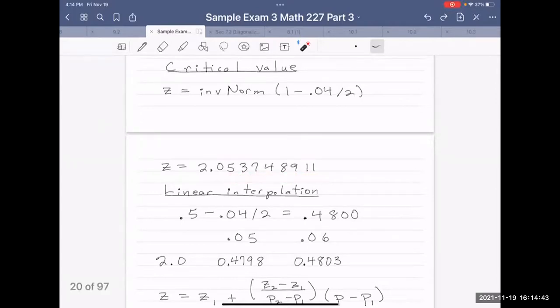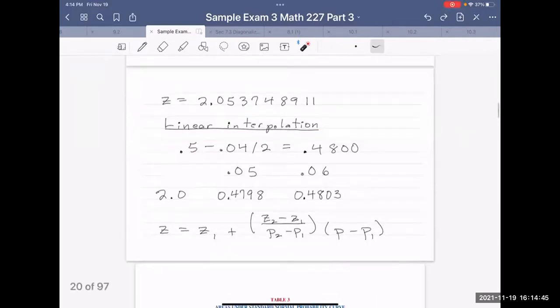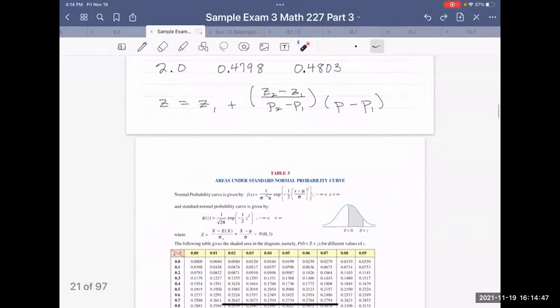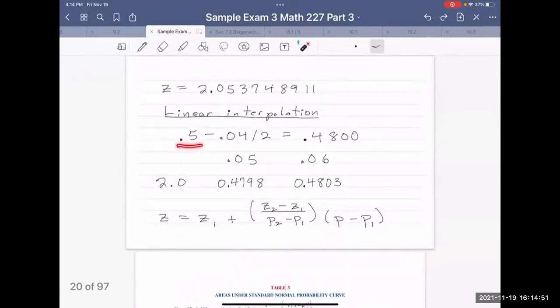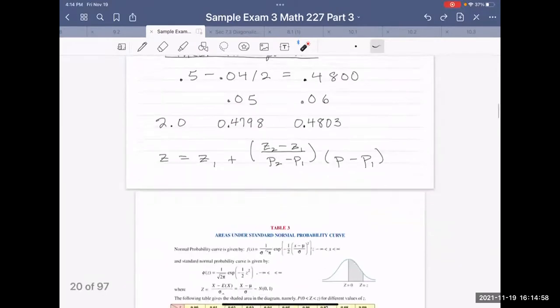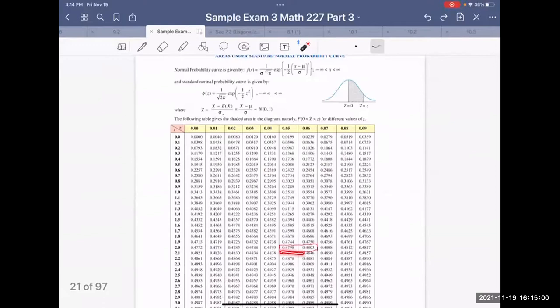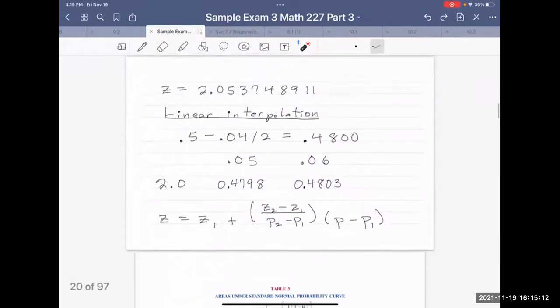Or if you wanted to do it using your table, using table 3 here, you would say, well, 0.5 minus 0.04 divided by 2 is 0.4800. And so it's somewhere in between 0.4798 and 0.4803. So 2.05 and 2.06.